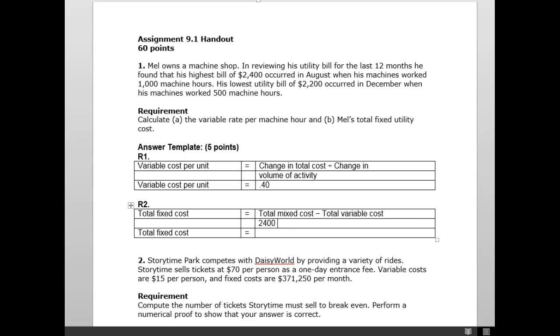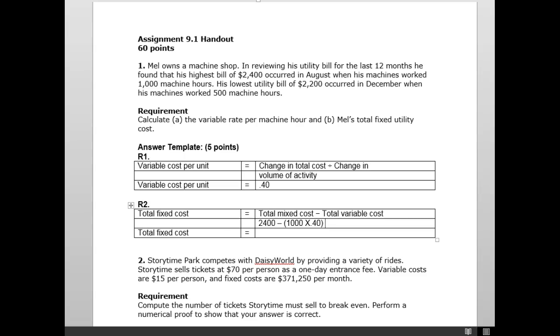And we're going to subtract what the variable is in there. Oh, we had 1,000 machine hours, I'm sorry. I was thinking it was 500. There's 1,000 machine hours times that 40 cents, that variable cost.